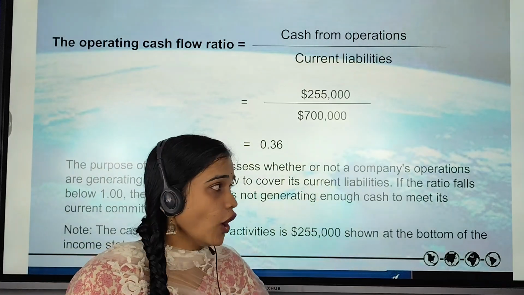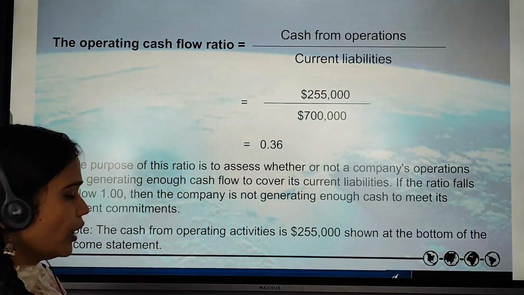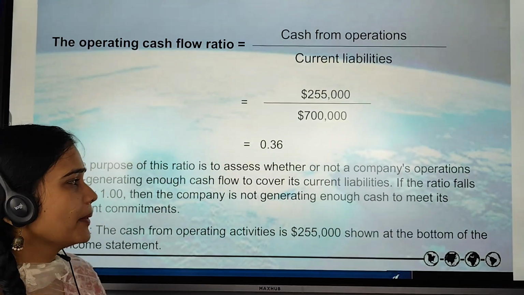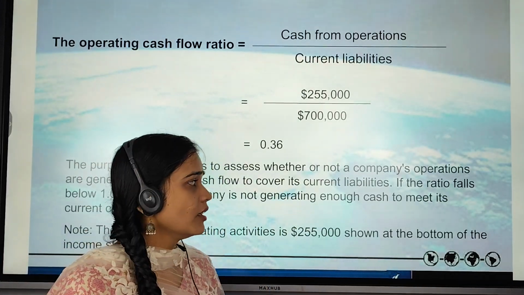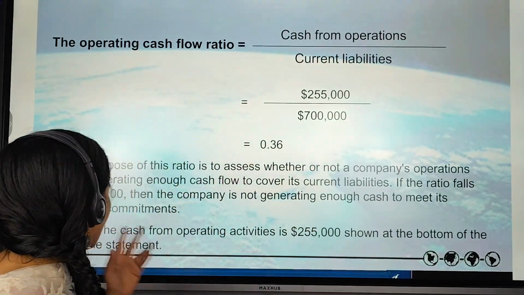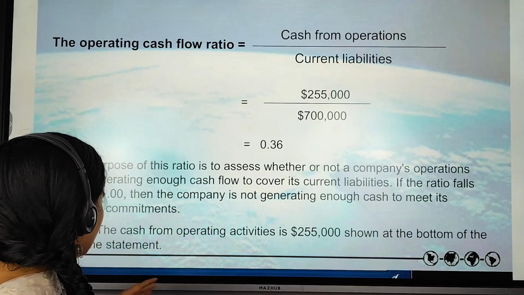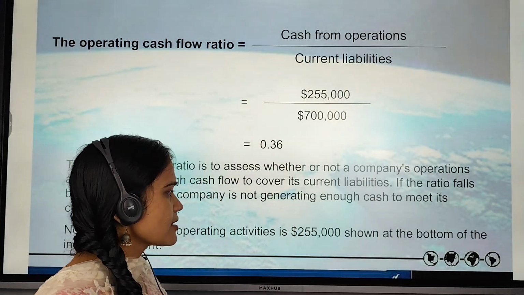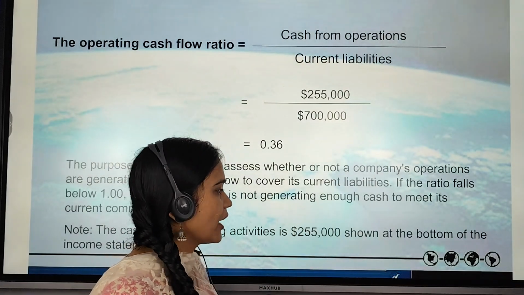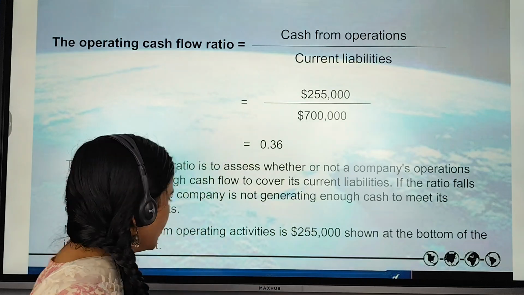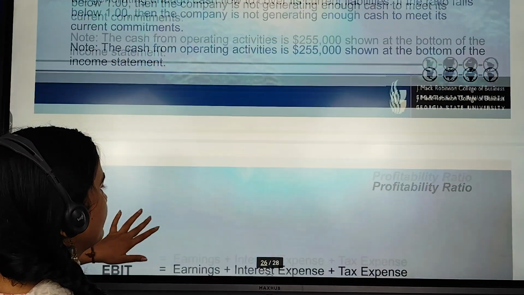If this ratio falls below 1.00, then the company is not generating enough cash to meet its current commitments. The cash from operating activities, that is 2,55,000, is shown at the bottom of the cash flow statement.